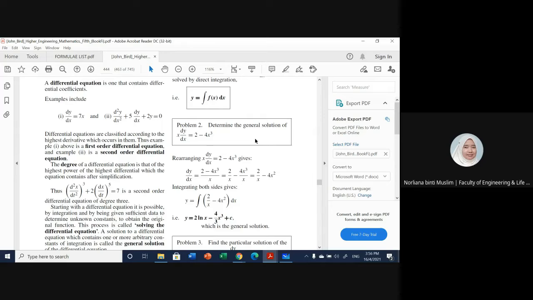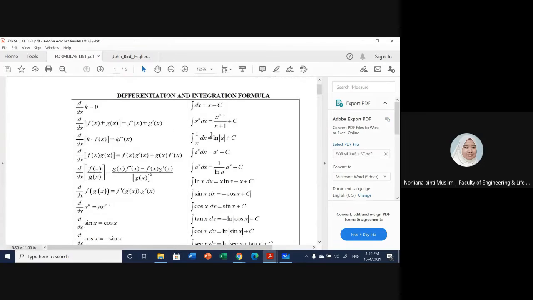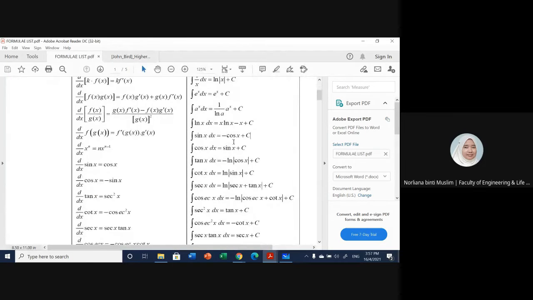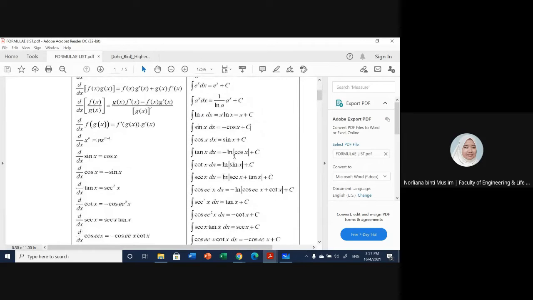Special techniques, for example, integration by parts, integration using partial fractions, or integration using the substitution method. Special technique means that you are not able to get the answer from the formula list. You need to apply special techniques in order to do the integration.